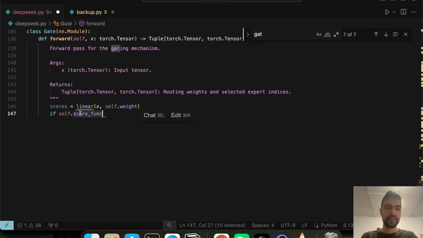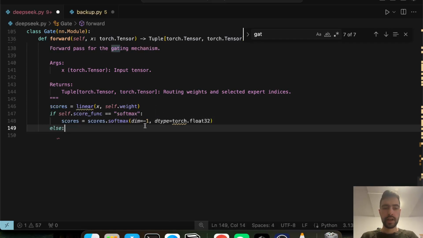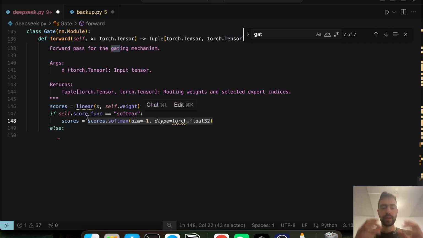Then if self-score function is softmax, then we will say scores equals scores softmax on the last dimension. So what this will do is it will make each token, so a token has a list of all of the expert affinity scores. So token has list of the first score shows how much affinity with the first expert, second, etc. And softmax will make those scores add up to 1.